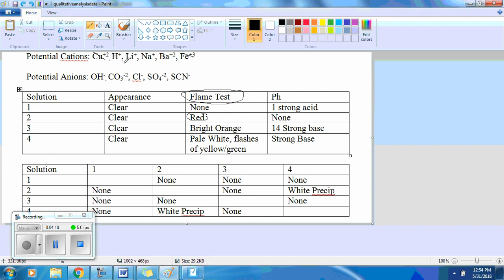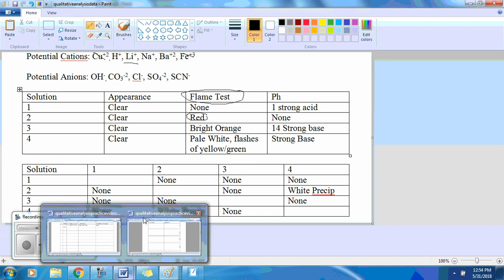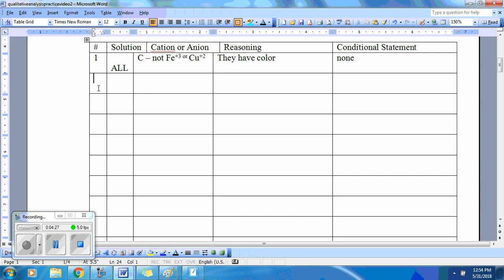Which of these 4? Lithium has one. So I go back to this, this is number 2, solution 2. Now my cation is Li plus, with the reasoning of flame test color.